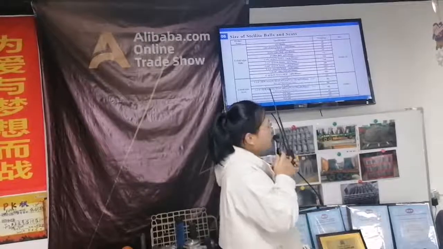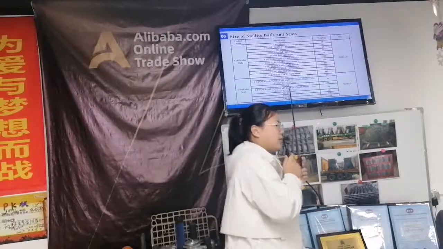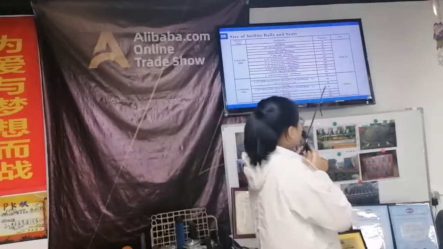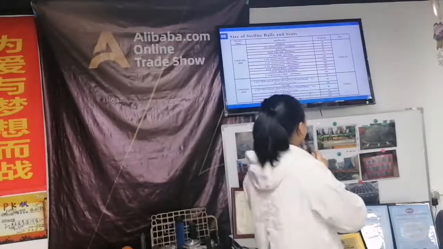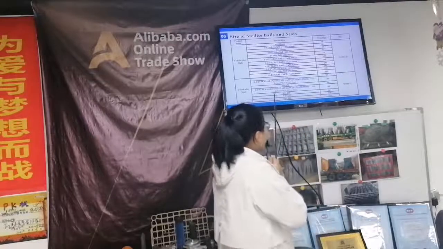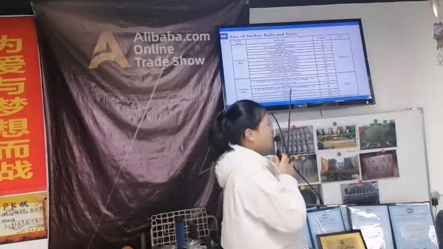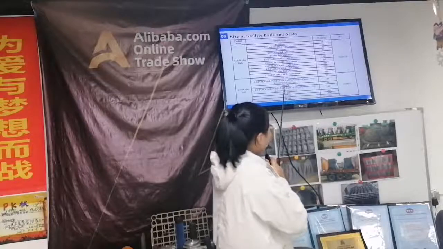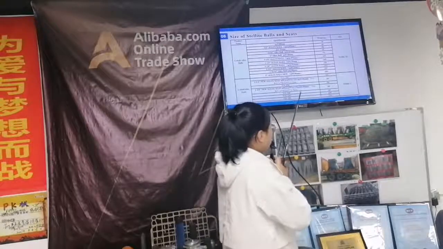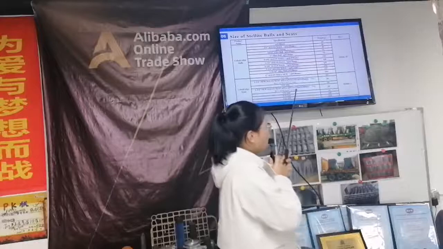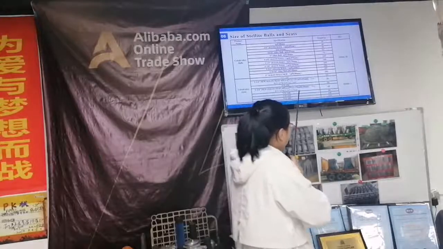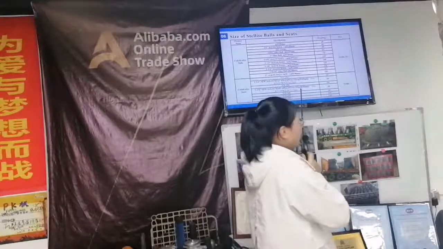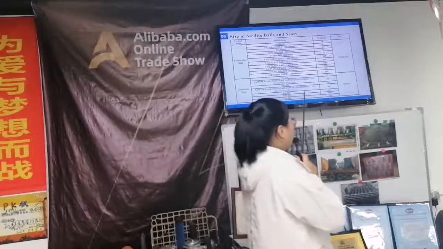For VB11-150, the unit weight is 50 grams. For VB13-175, the size for ball is diameter 28.58 millimeter.